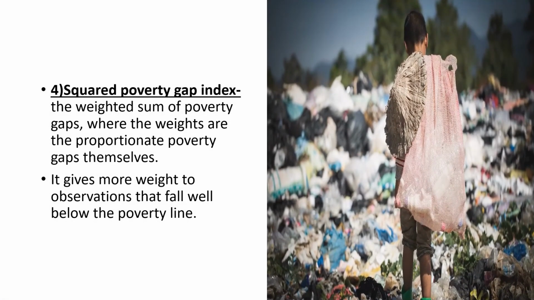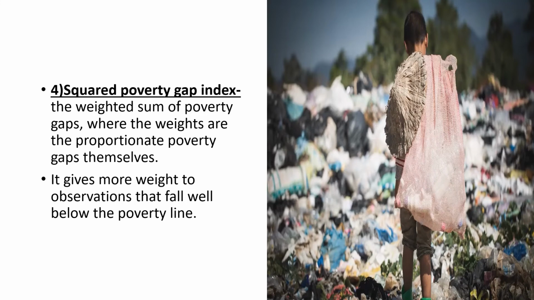The fourth method is the squared poverty gap index, otherwise known as the poverty severity. This is simply a weighted sum of the poverty gaps, where the weights are the proportionate poverty gaps themselves.